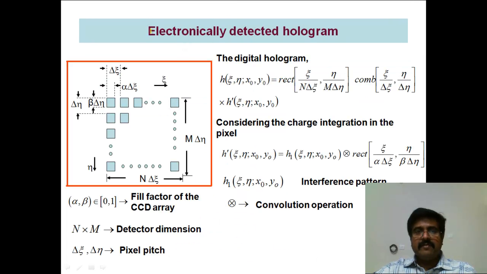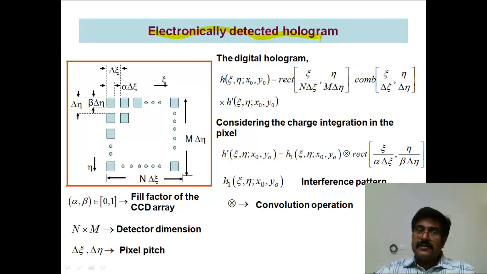In this section, we will see how a digital hologram can be modeled mathematically. When a hologram is detected by a CCD sensor, we can call it an electronically detected hologram. Optical holograms are detected by a CCD sensor, so the fringe pattern is sampled by the CCD pixels.